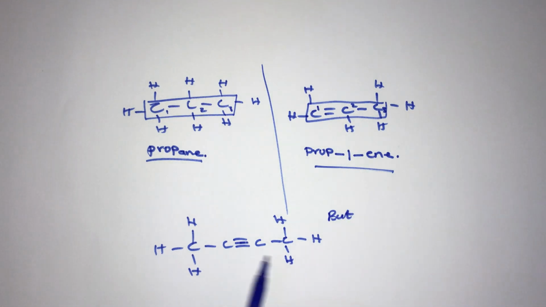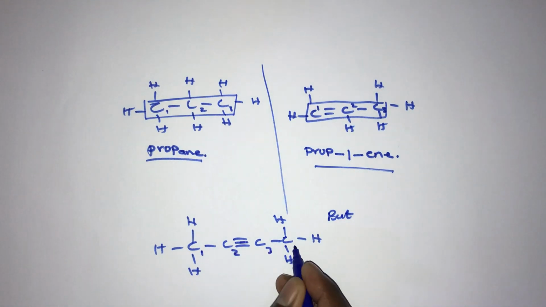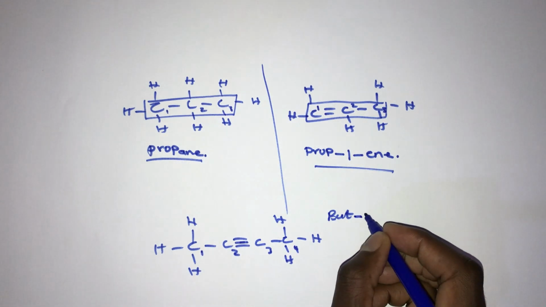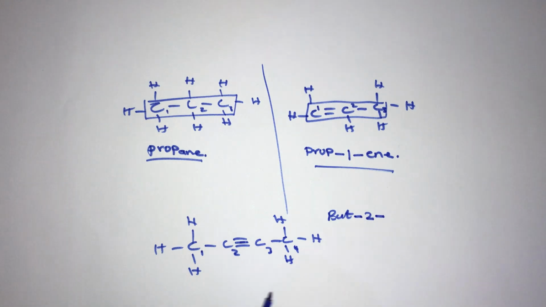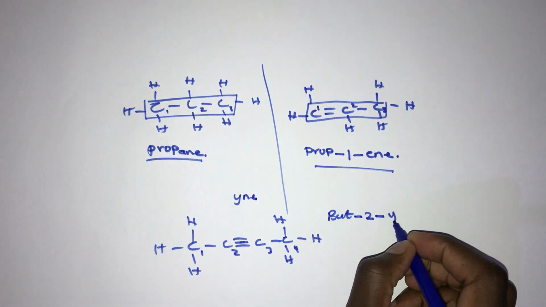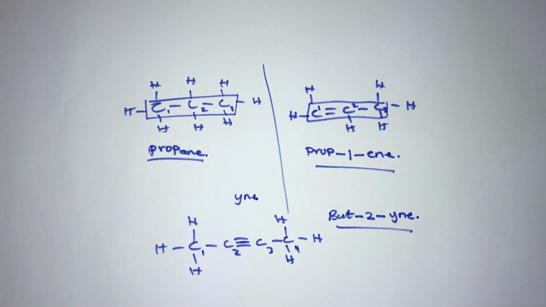Now let's check. We have a triple bond in carbon atom number... let's say we start this way. 1, 2, 3, 4. So we have a triple bond in carbon atom number 2. So we write a dash, then we write 2, another dash. Then check, it's a triple bond. What is the ending for a triple bond? YNE. That means now we're going to say YNE. So this is the IUPAC name of this structure.